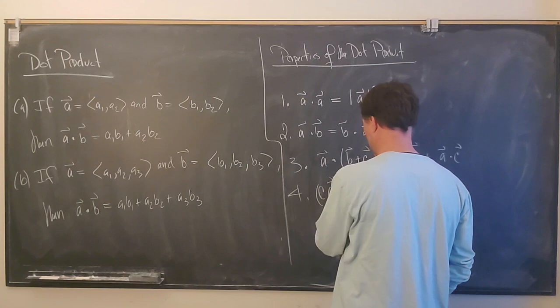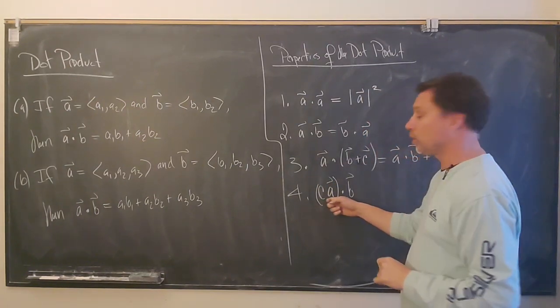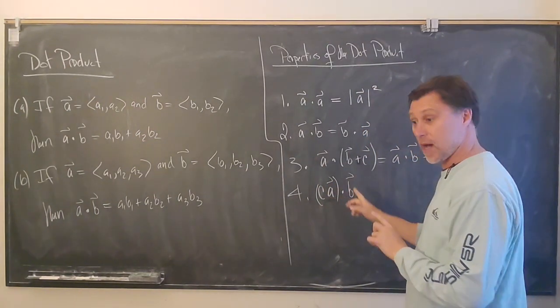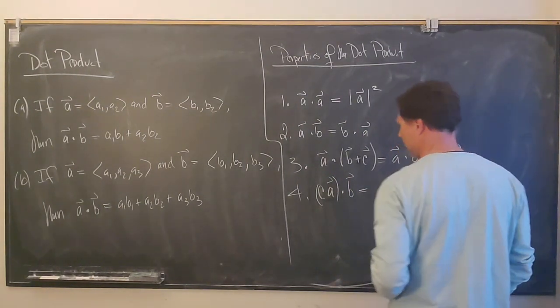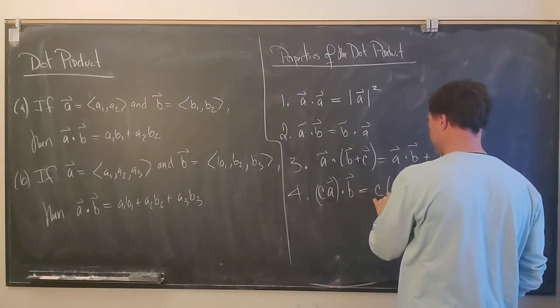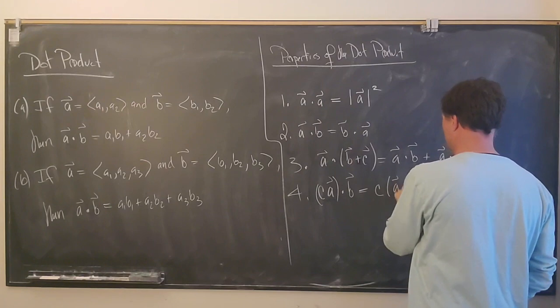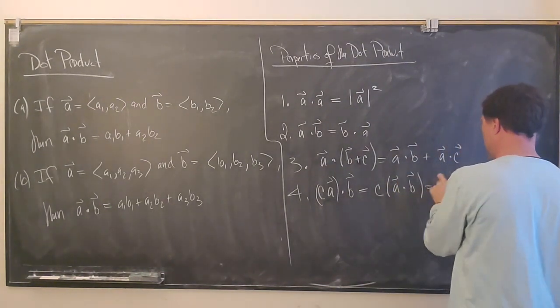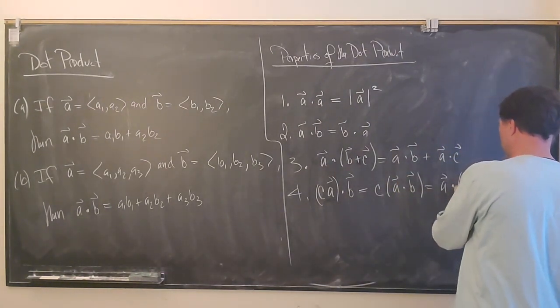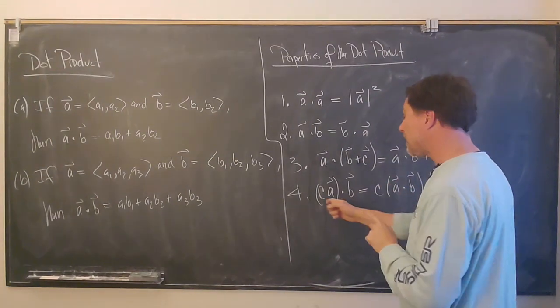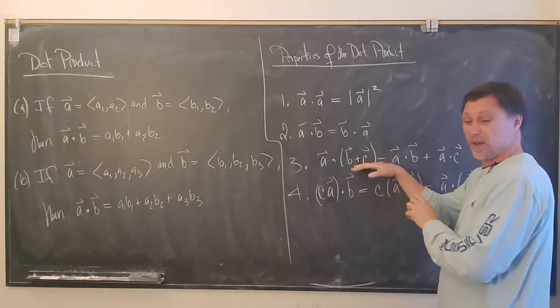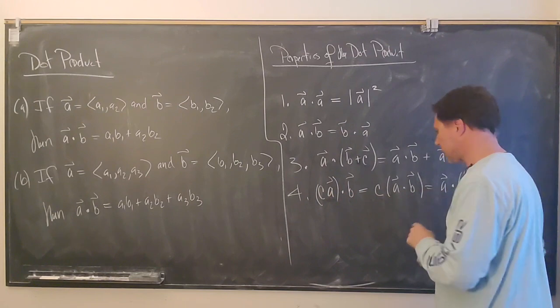So C A dot B, here we've got a scalar multiple of A, dotted with vector B, that's the same as C times A dot B, which is equal to A dot C B. Notice C is a constant here. Up here it was a vector. Down here C is just some constant.